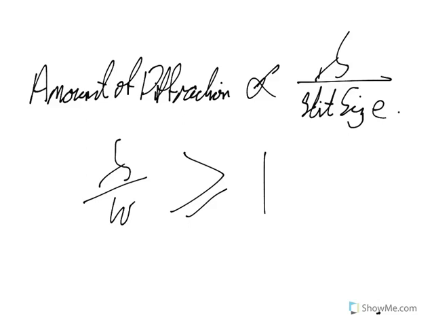When the nodes occur, so the dark ones occur, the odd half wavelengths. So 1 half, 3 halves, 5 halves, etc. And then the nodes, the dark bits, and then the bright bits, the antinodes, whole wavelengths path difference.